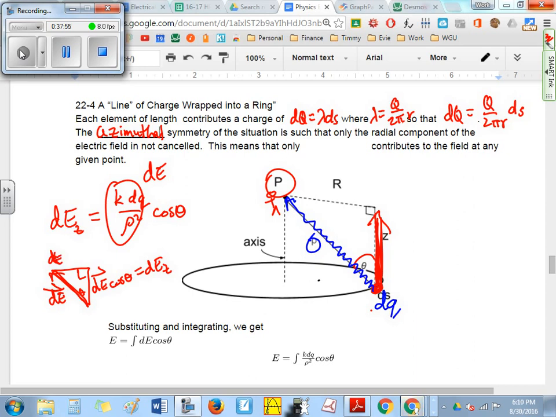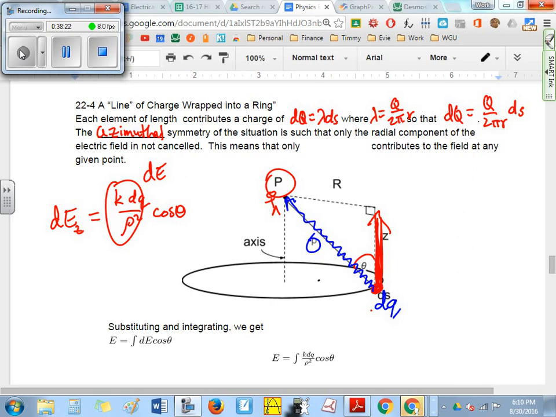And this is dE sine theta, this blue thing. But nobody cares about dE sine theta. Even though that's the radial component, you might call it dE sub r. Nobody cares about it, so we don't want it. We're just going to focus on dE cos theta, also known as dE sub z. All right, so hopefully I didn't confuse you there.